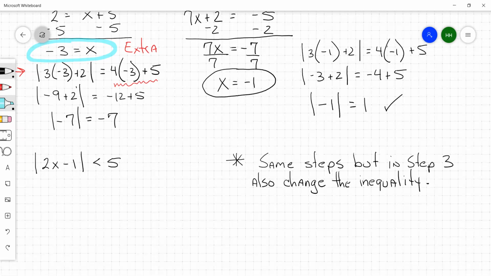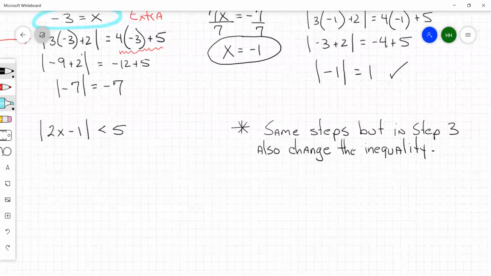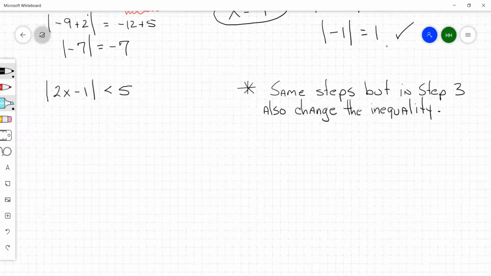Steps are the same, but in that third step, you got to also change the inequality. So we got the absolute value symbol by itself. We're going to rewrite. We get 2x minus 1 less than 5. And then we're going to rewrite it and negate. So we got 2x minus 1.